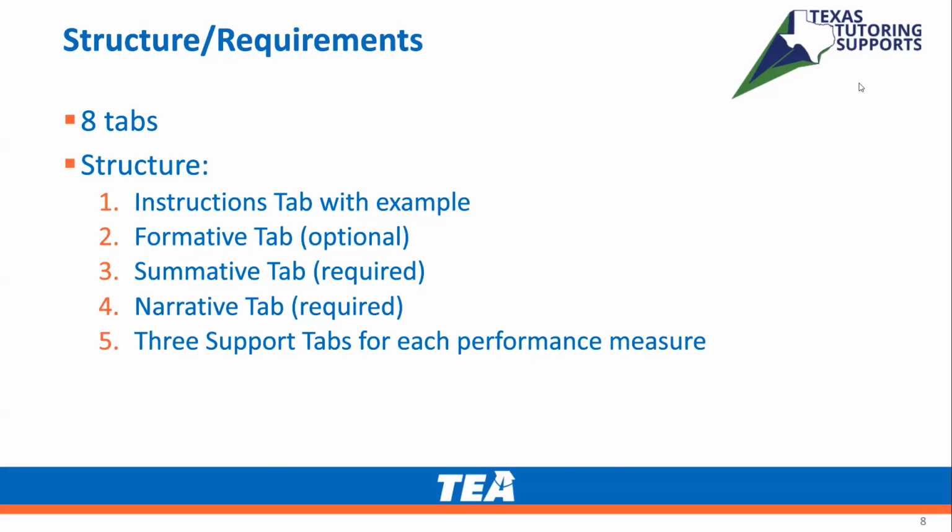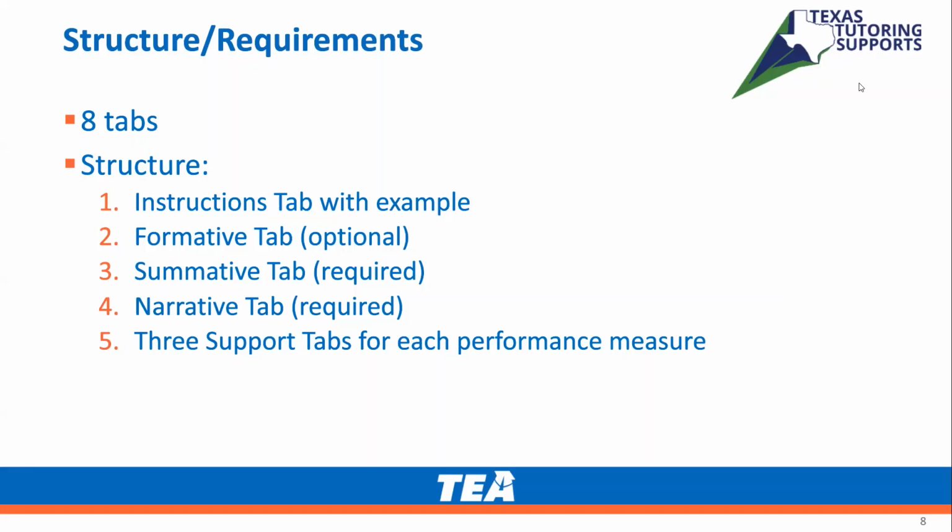The second tab is an optional formative tab that provides districts and campuses formative evaluation and guiding questions if those structures are not already set up. The third tab is the summative assessment tab. It is a required portion of this rubric.